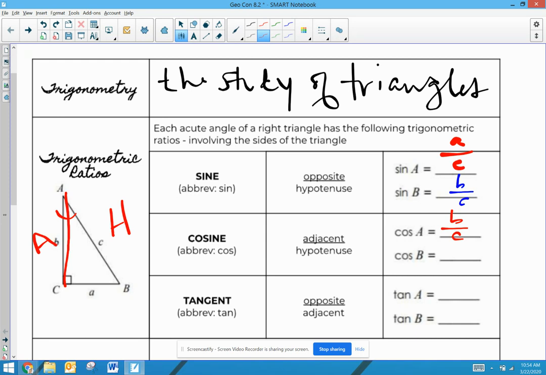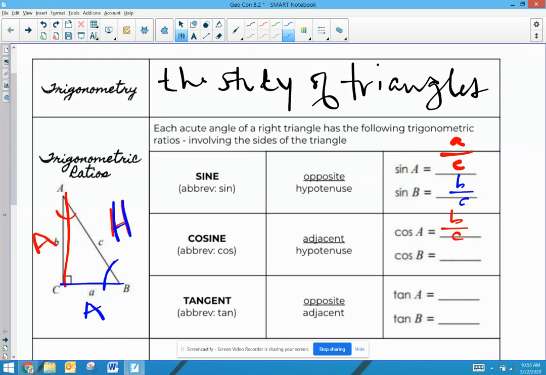We can do the same thing for cosine of angle B. So if angle B is right here, the adjacent side is the side that it's touching. So that's side A. And then this is also my hypotenuse for angle B because it's the same hypotenuse in the triangle.